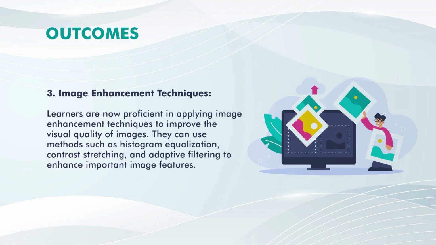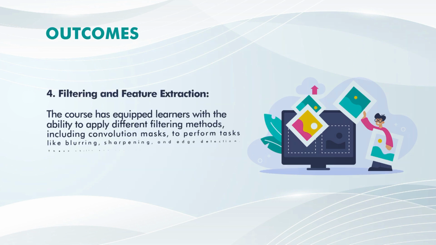Third, image enhancement techniques. Learners are now proficient in applying image enhancement techniques to improve the visual quality of images. They can use methods such as histogram equalization, contrast stretching and adaptive filtering to enhance important image features.